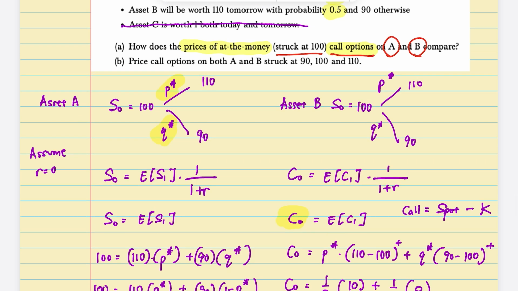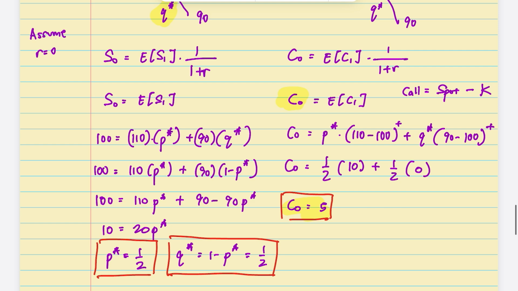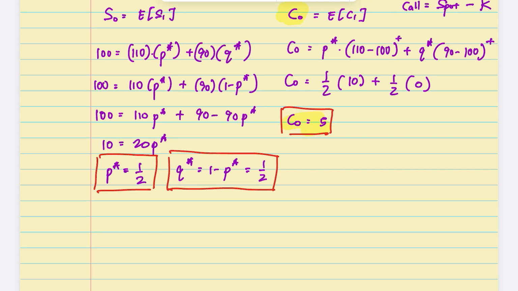For question B, it is a bit different because it is asking for call option values at different strike prices: 90, 100, and 110. When the strike price is 100, we know that the call option valuation is $5. When the strike price is 90, let's try it.